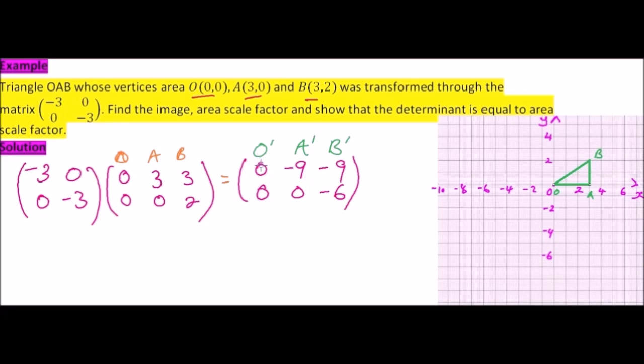We have O is at 0, 0. So it lies the same place as the other O, the origin. Our A prime is at minus 9, 0. That's where we have our A prime. And our B prime is at minus 9, minus 6.